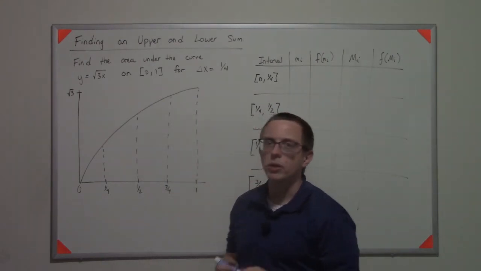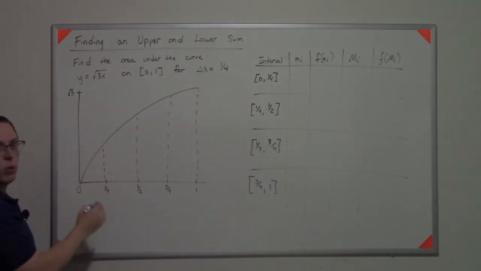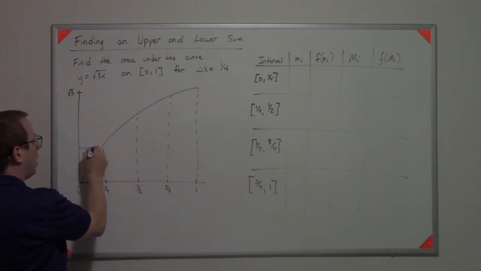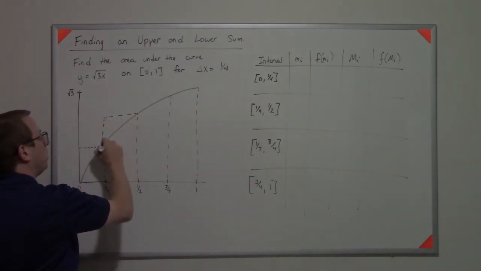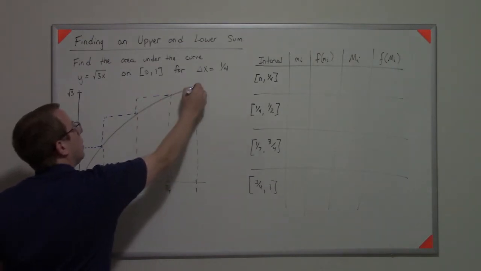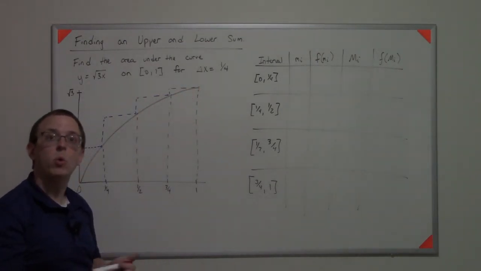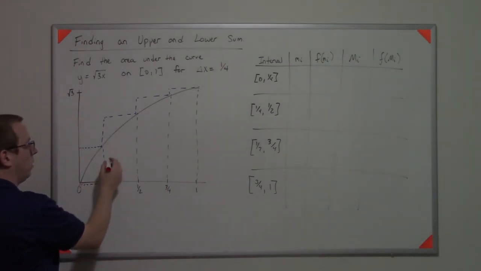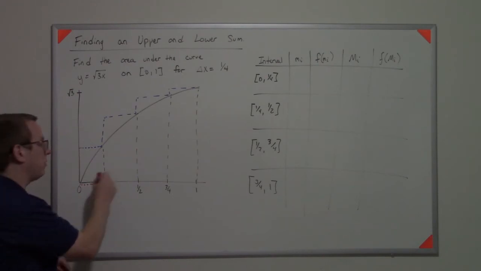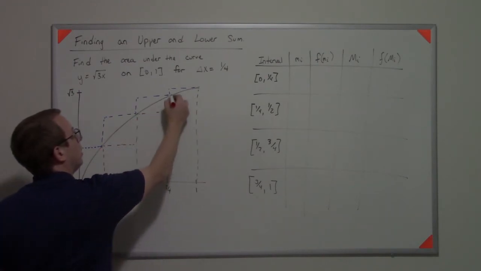So if I'm going to take this interval, if I want to overestimate, I'm going to take the right-hand point. If I want to underestimate, I'm going to take the left-hand point. In this case, it's actually a flat line here. I'm just drawing it under to emphasize that's a flat line, a flat line, a flat line, a flat line.